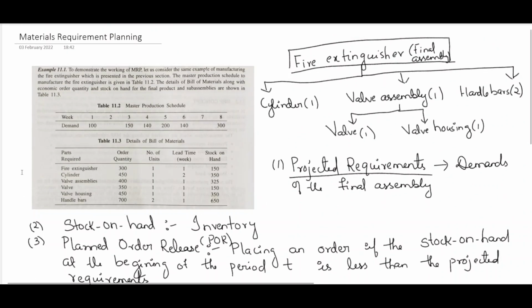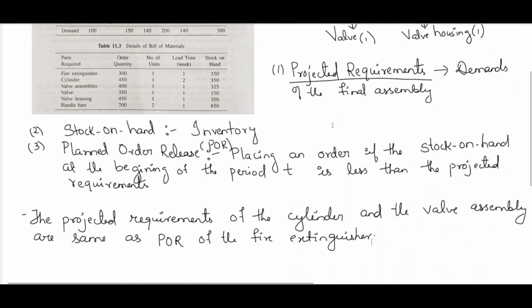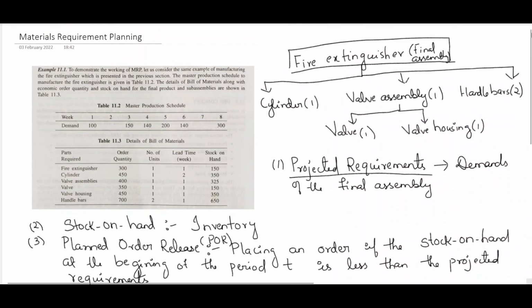We see from this figure that the fire extinguisher consists of cylinder, valve assembly, and handlebar.